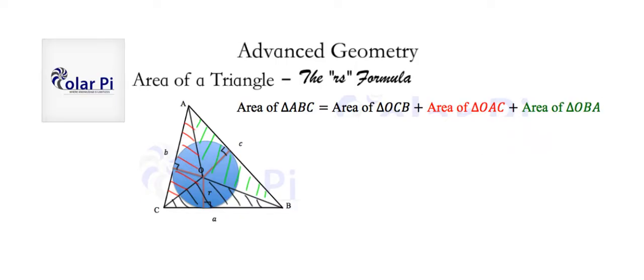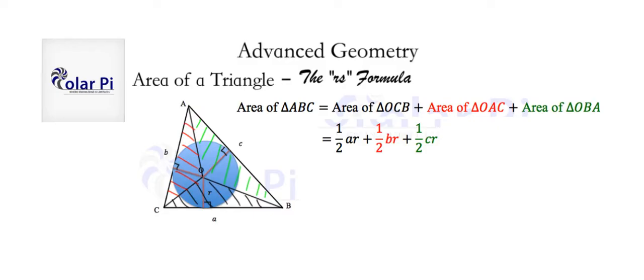So using the good old 1/2 base times height formula, we can write the area of the three triangles like this. The black triangle is 1/2 of R times A, or 1/2 of A times R, however you want to think about it. The red triangle is similarly found, and then the green triangle.